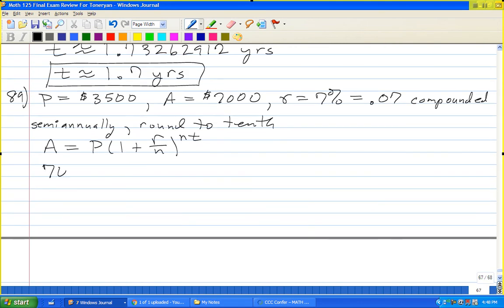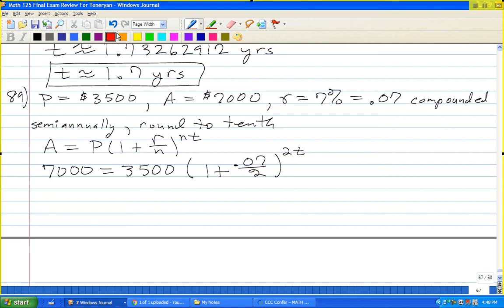So A is 7,000. That's the amount of money you want. P is 3,500. That's how much you start out with. R is 0.07, and it's compounded semi-annually. So N is 2. You compound it twice a year, and I don't know what t is.